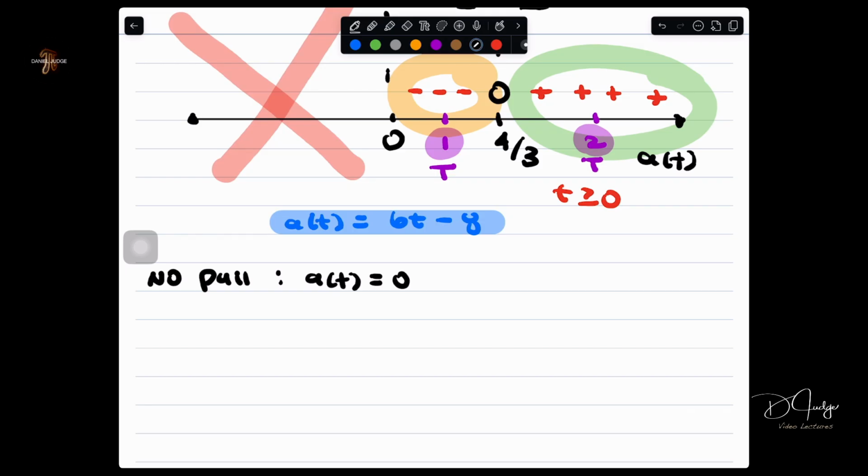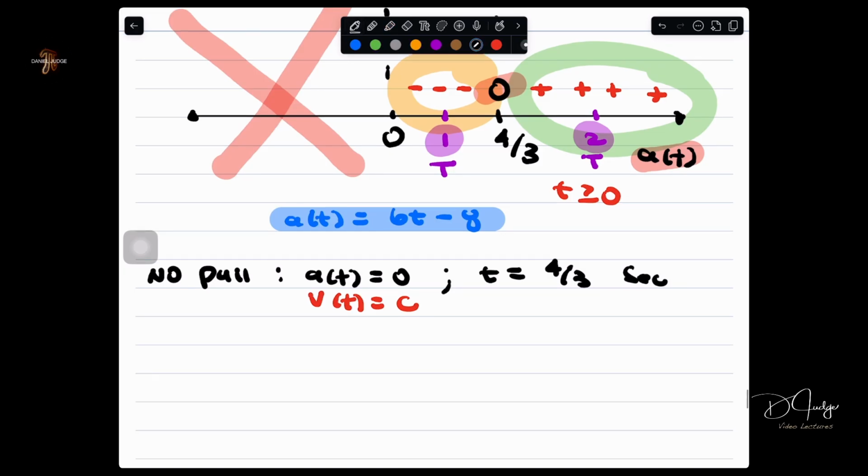That's also when you have, by the way, constant velocity. You'll have no push or pull, because that means acceleration will be 0. That happens when t here is 4/3 seconds. Because we already found where acceleration, this is acceleration function, is 0 at 4/3 seconds.